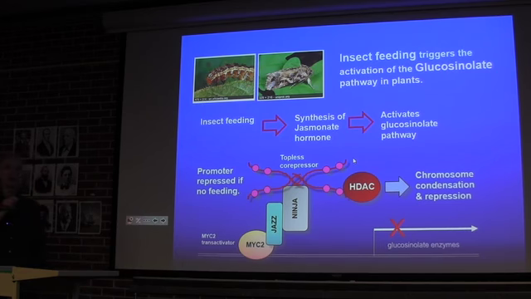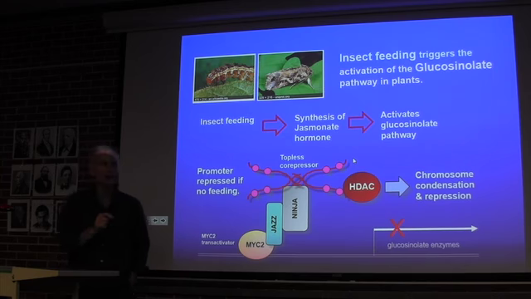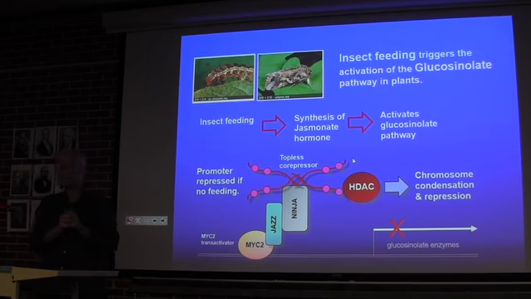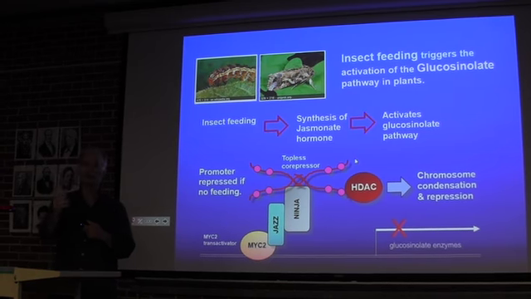That's one of the many responses that jasmonic acid controls. The wounding response. When a caterpillar is biting, it's wounding, and that's when the cells are sending out these volatile signals, the jasmonic acid. Also, jasmonic acid is produced in flower development, when the pollen is getting ready to mature.